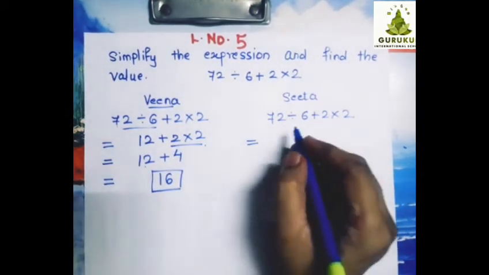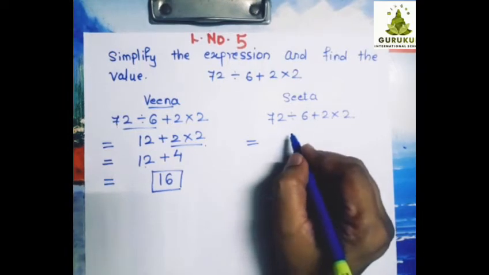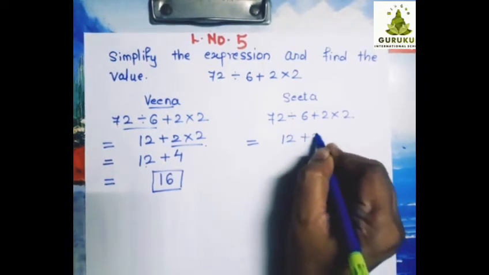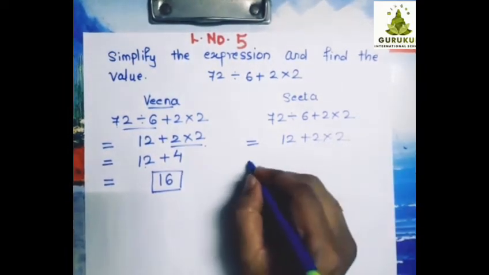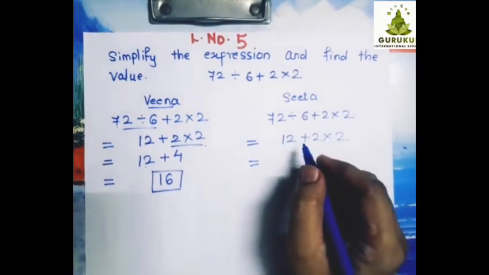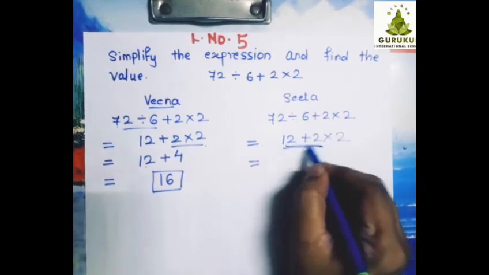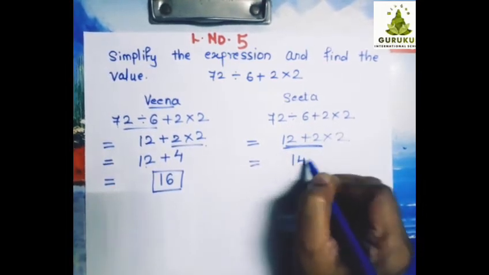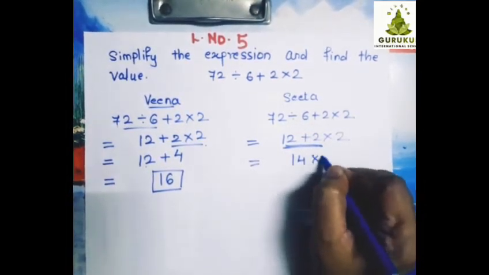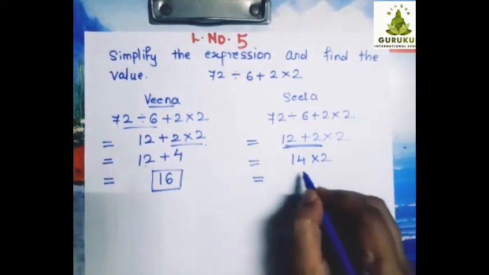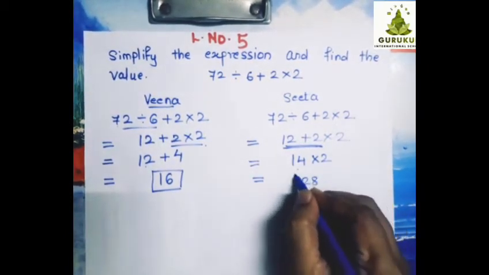First step she will do the same: 72 divided by 6 will be 12, plus 2 into 2. Now Sita has already added 12 plus 2, that is 14, and then multiplied by 2, so it becomes 14 twos are 28.